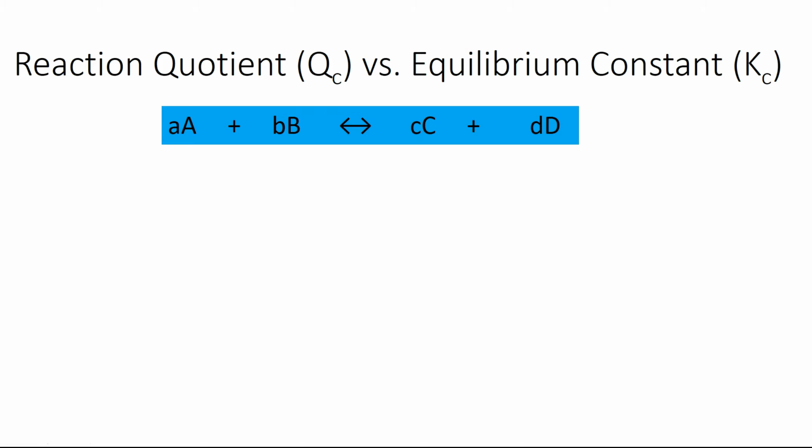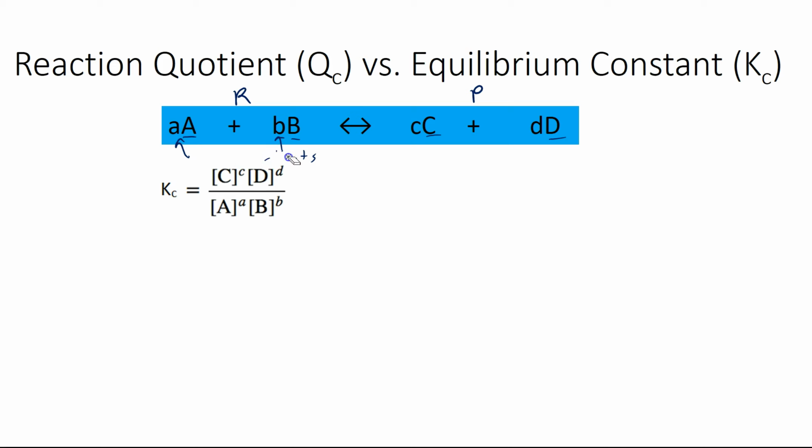So let's go back. Let's do our favorite imaginary reaction, where we have reactants on the left-hand side and products on the right-hand side. The A and the B would be our reactants, C and D would be our products, and the little letters there are our coefficients. We've already learned that our equilibrium constant expression looks like this.